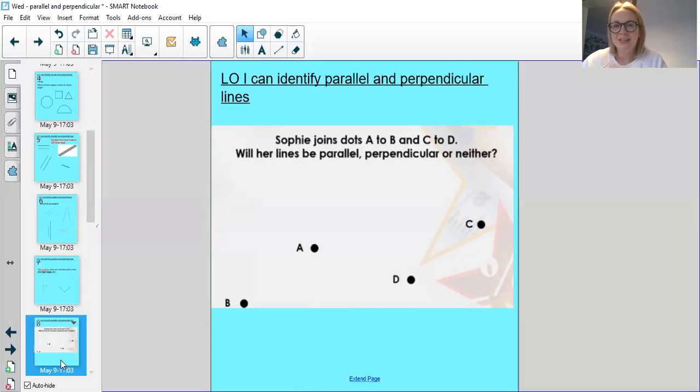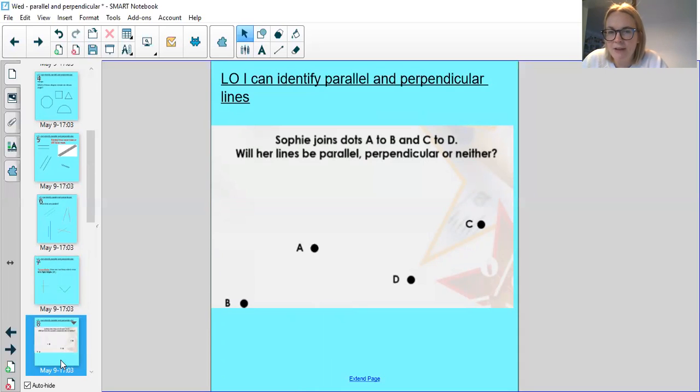Now we're going to think about the question on the screen, which says: Sophie joins dots A to B and C to D. Will her lines be parallel, perpendicular, or neither? Let's break that down together. Think about if she joins the line A and B, and then she joins D to C, and she keeps drawing them, would they be parallel or perpendicular to each other?